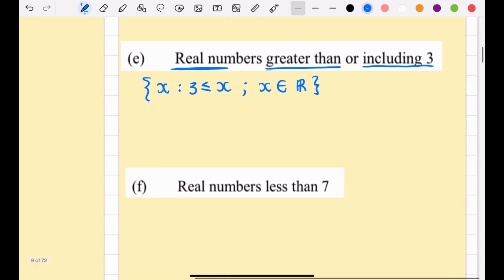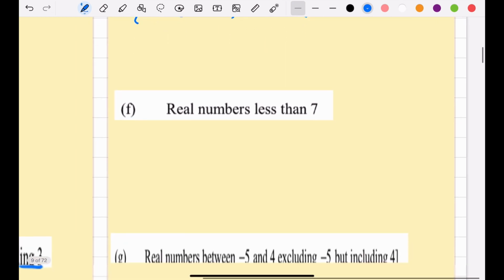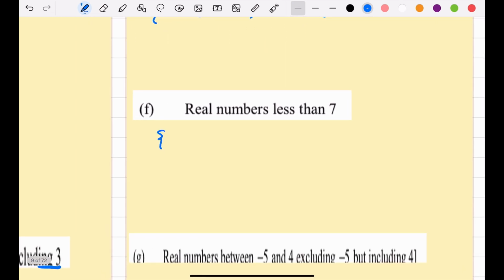Okay, the next one says real numbers less than 7. So here we've got open curly bracket x such that, x has to be less than 7, not including, for all x that are elements of real numbers.